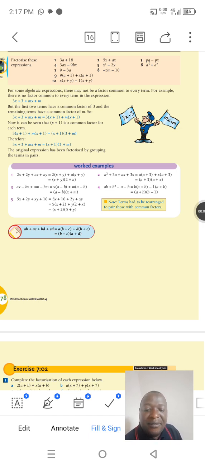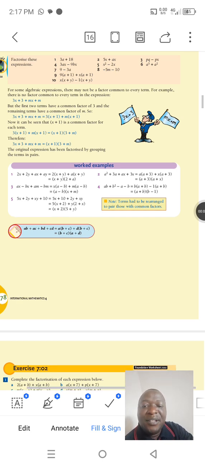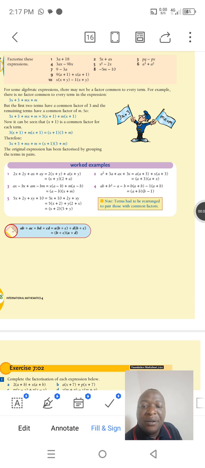Now let us look at the last question, number 5. Factorize 5x plus 2y plus xy plus 10. If we attempt to pair the first two terms, we notice that it does not have a common factor. If we pair the last two terms, that is xy and 10, again, there is no common factor.